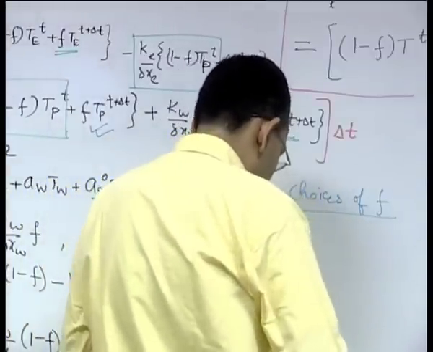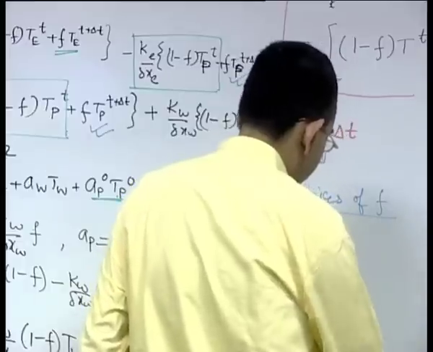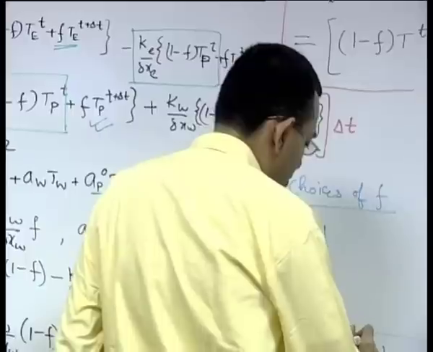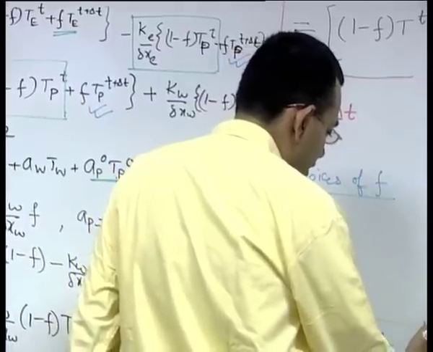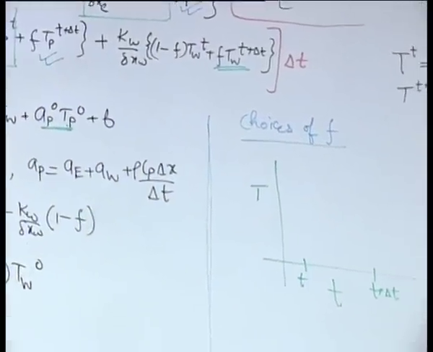Let us try to make a sketch of the variation of temperature with time between time t to time t plus delta t, depending on what value of f we choose.